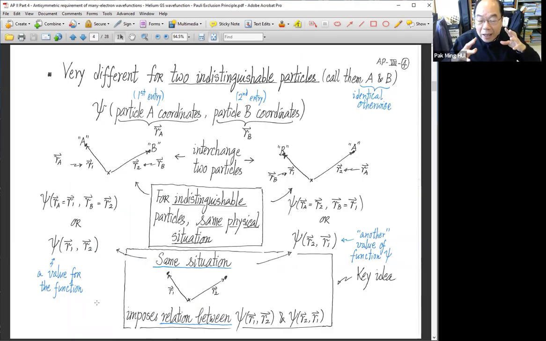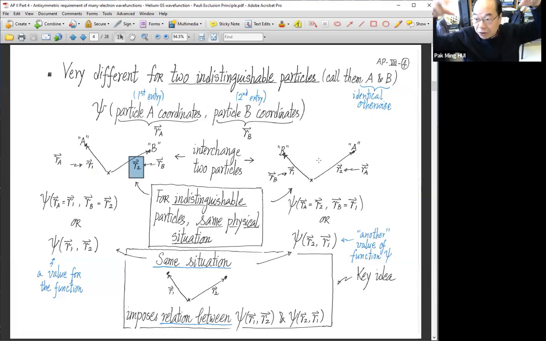Now we consider the same situation, but with 2 indistinguishable particles. We have the same setup. The first coordinate is the A particle, the second coordinate is the B particle. In one situation, A takes on R1 and B takes on R2.